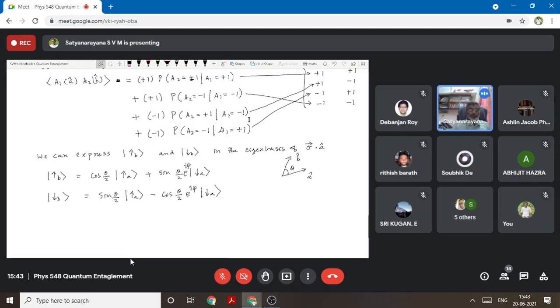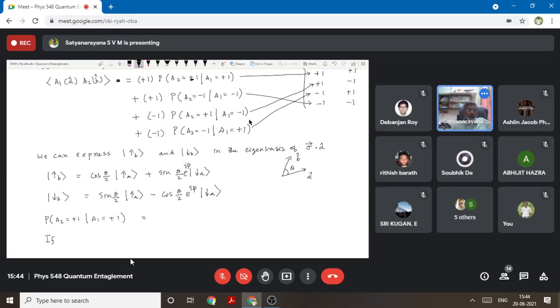It is easy to find out. How will I calculate P of A2 equal to +1 given A1 equal to +1?